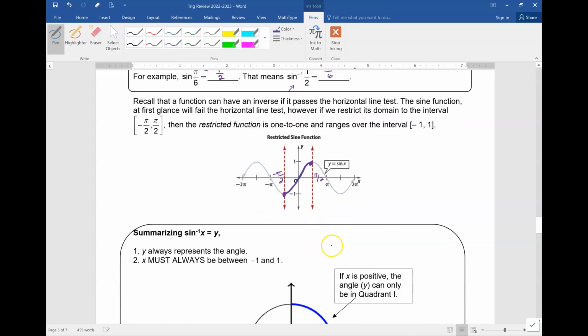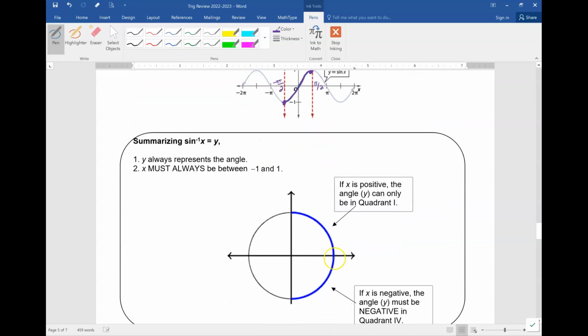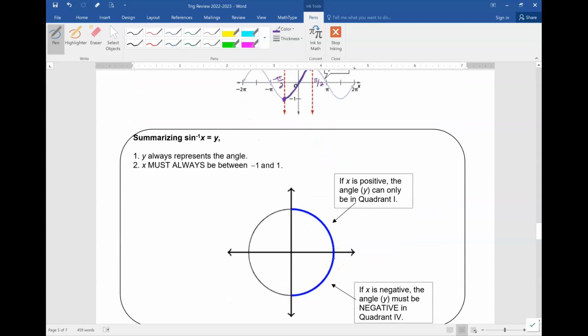So let's just summarize that. Here is how inverse sine of x is written. Y, which is basically the answer, is always the angle: pi over 3, pi over 4, pi over 6, pi, 0. And then x is the number here.